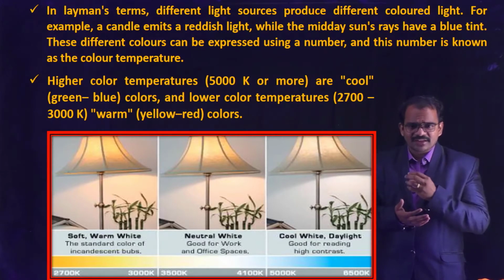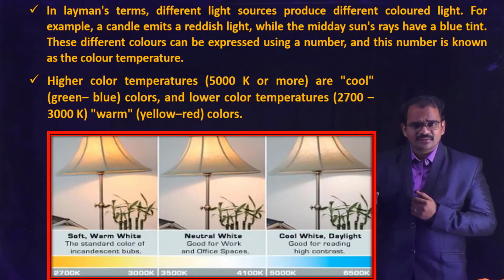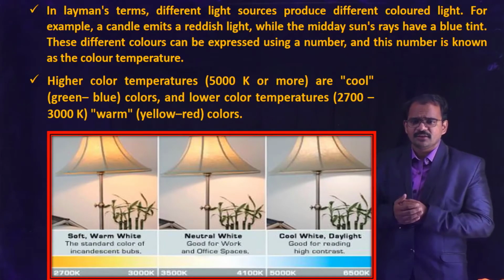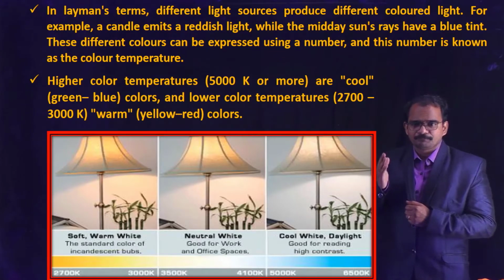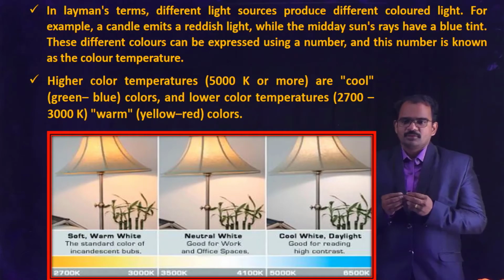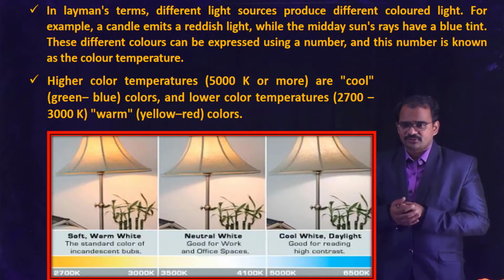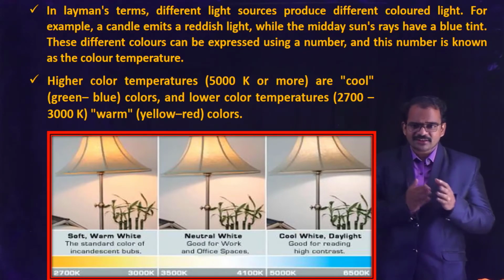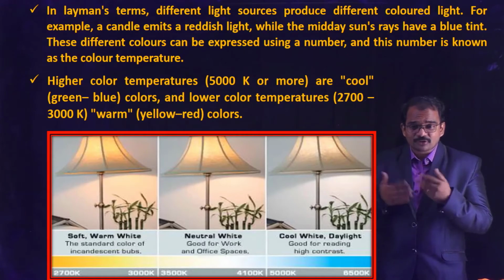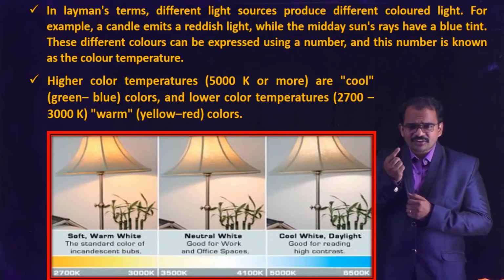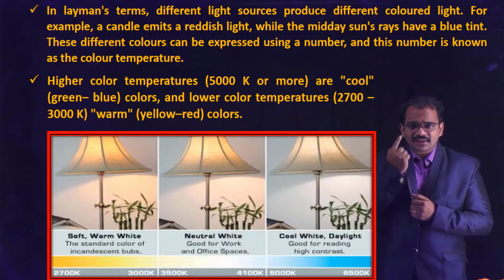If you increase the color temperature to more than 5000 Kelvin, then you can see a light called a cool light, and this cool light will be used for reading and for other activities. So as the color temperature increases, you can see different kinds of light, and all these different kinds of light will have a number, and that number is called color temperature.